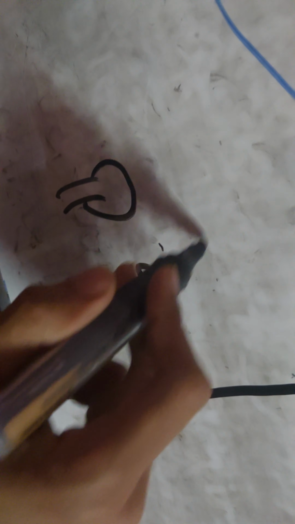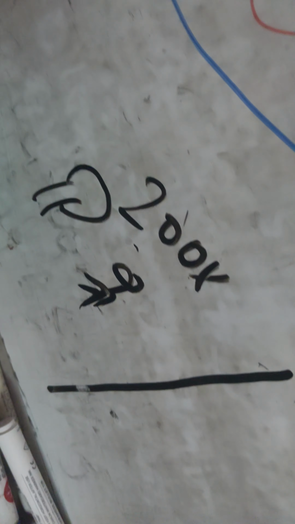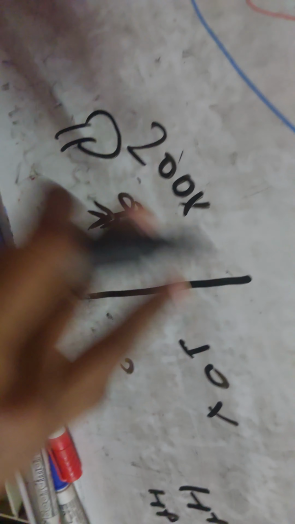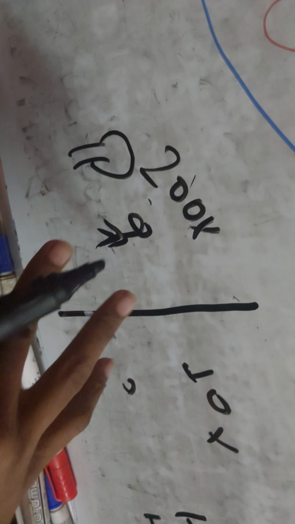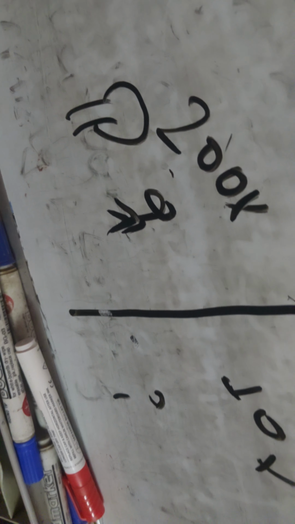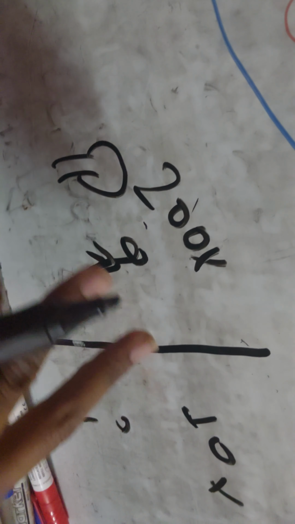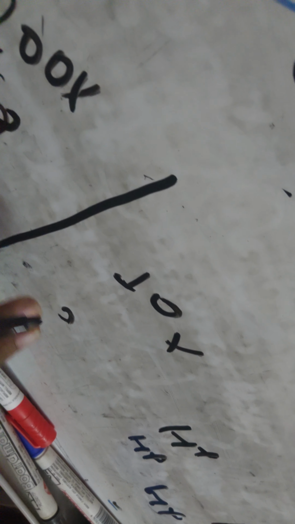What is a potential gradient? If there is a boundary, and on one side 200 people are present and on the other side only 10 people are present, then this difference in density, or in number of people, is called a population gradient, meaning difference of population with respect to length.